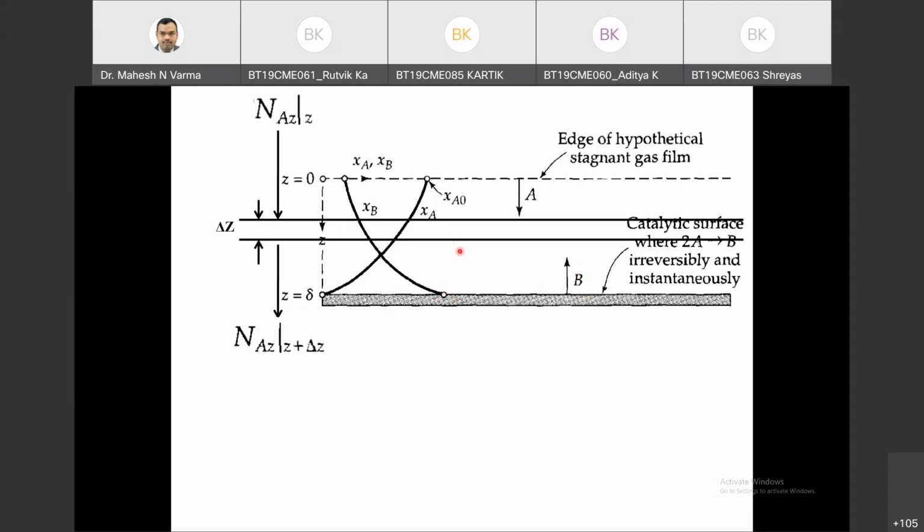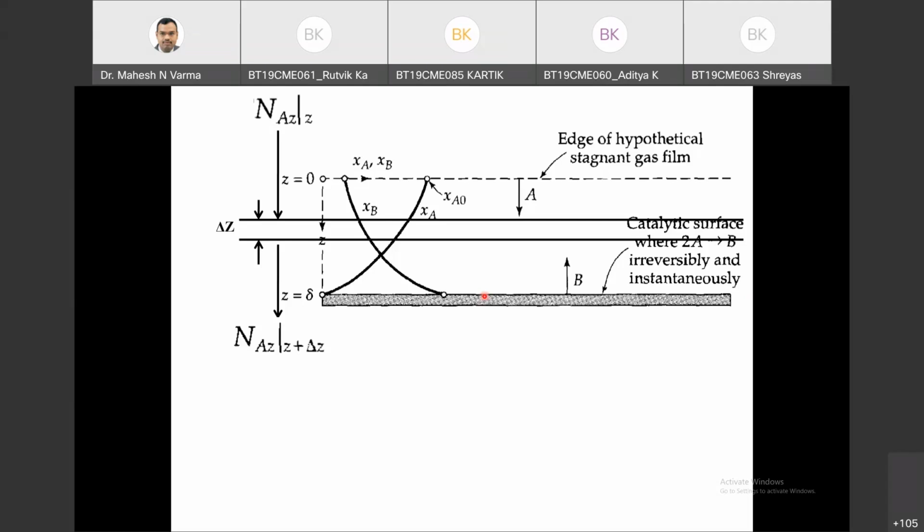That is the boundary of my differential shell, the boundary of this film. So in this film there is no consumption; the consumption happens at the surface. So that consumption and appearance of B at the surface will be used as a boundary condition. Yes, I got this, sir.